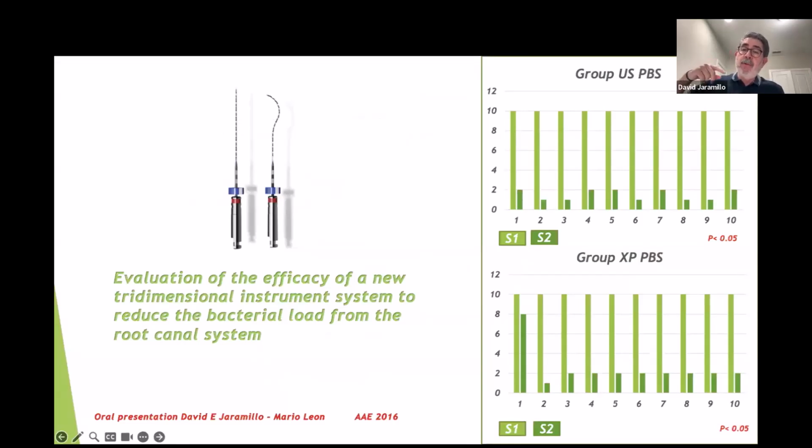So the reason to create this instrument was to have more contact with the root canal walls, because as you know, and according to the literature, we have papers from this group in Barcelona, and the papers from Ove Peters from 2001 and 2003, where he shows, and we show with micro-CT, that between 35% to 40% of the root canal wall remains untouched with any type of rotary instrument.